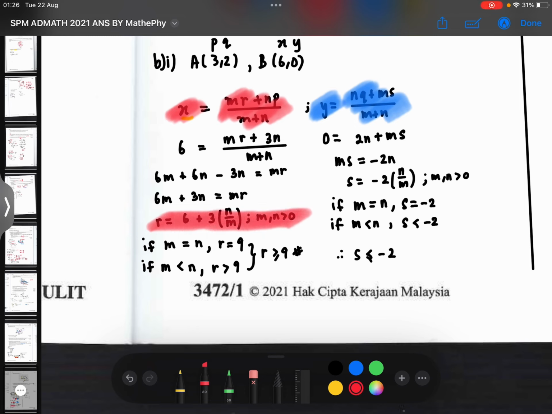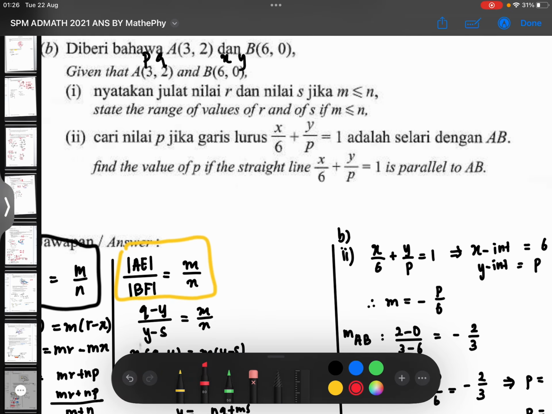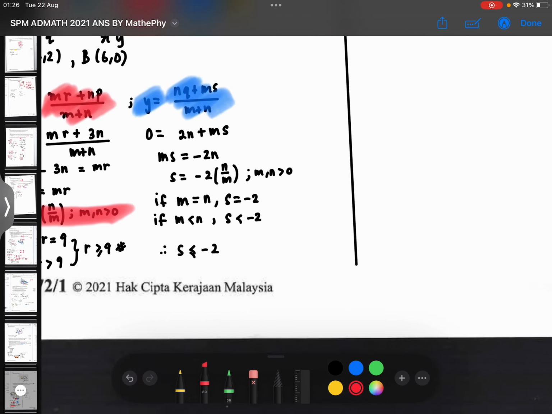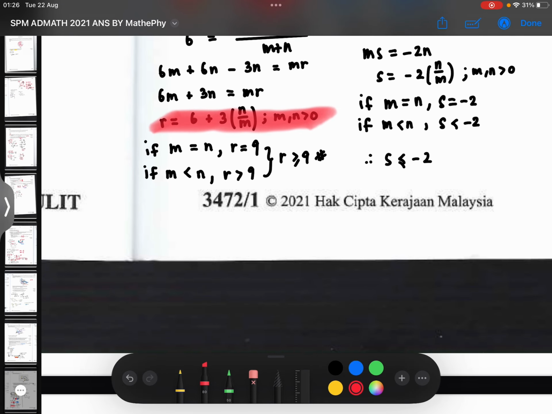The difficult part is to determine the inequality in this part, because you need to keep in mind that M and N are always greater than 0, always positive. The condition given in the question is M less than N. So if M equals N first, N divided by M is 1, so 6 plus 3 is 9.